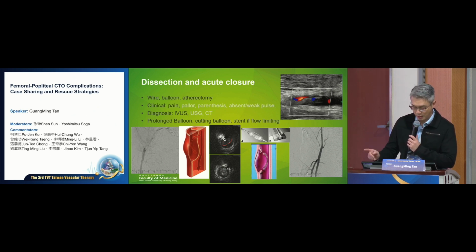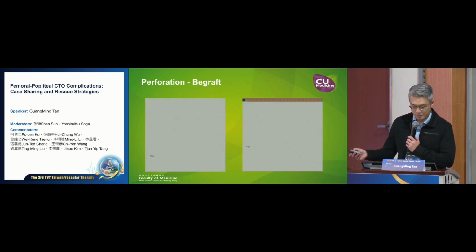We check it with IVUS, confirming that there is a hematoma at the compression site. Then we use a cutting balloon to open up the distal part to release the hematoma and subsequently restore the flow. This is not the usual case we see during angioplasty, but it can happen if our wire inevitably goes into the subintimal space and cannot pass out through.